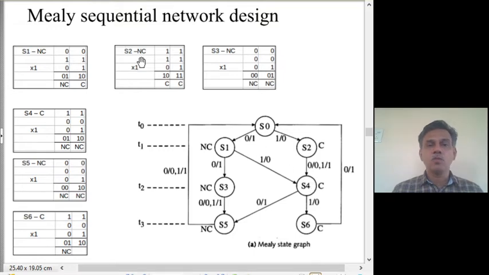Now, having dealt with S1, these two cases, we start with S2. S2 is a no carry state. Sorry, S2 is a carry state. So this is wrong. Okay, correct this mistake. So this has to be C. So 1, there is a carry bit.